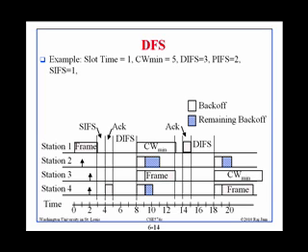It says that the medium is busy, right? So it says I will wait until the medium becomes free. When the medium becomes free, it has to wait how long? How many units of time? It's DIFS, right? And DIFS is 3 units of time.